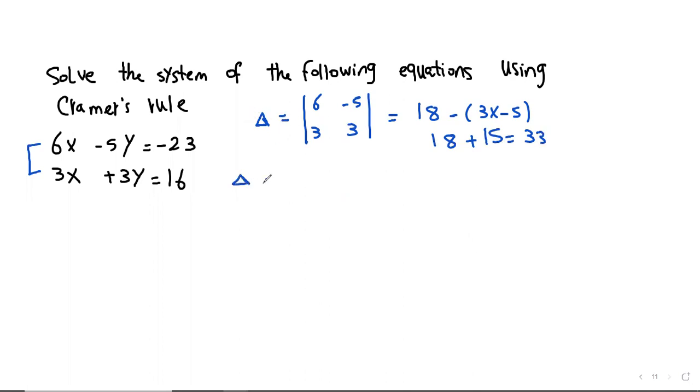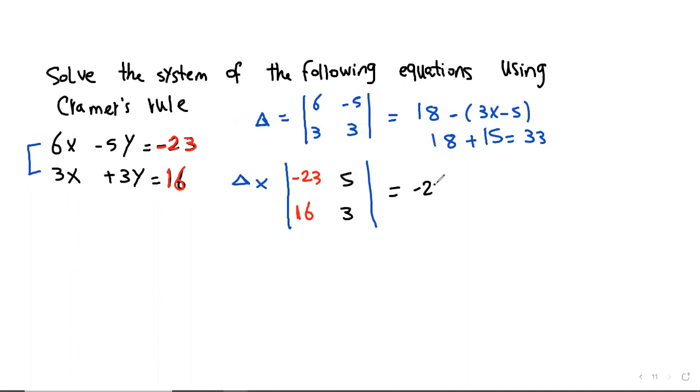So write delta x. What is delta x? It's the determinant, but don't take x, and write instead of x the constants here. It's negative 23 and 16. Delta x means don't take x. I write the y coefficients as they are in their place, negative 5 and 3.